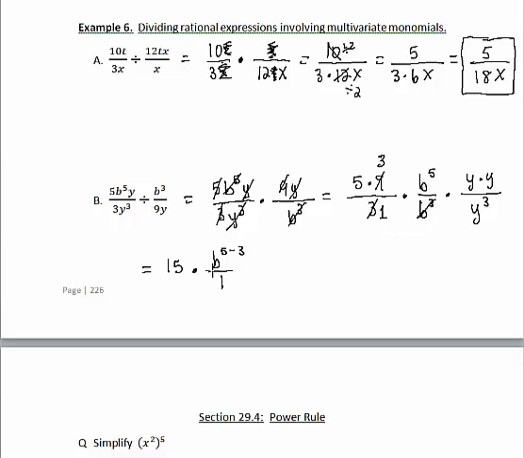Okay, dropping the b on the bottom means that we put a 1, not a 0 in its place, a 1. Okay, y times y in the last fraction means that we have a y squared on the top, and then we just bring down the y to the third on the bottom.